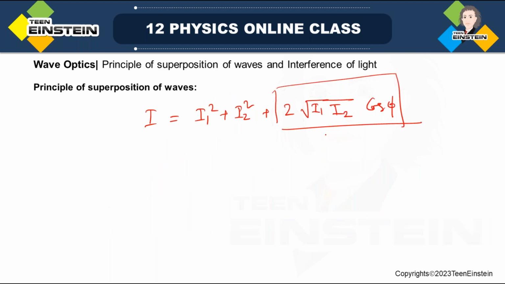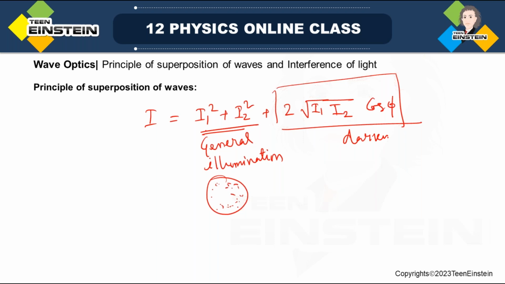The other terms produce general illumination, that means everywhere the intensity of light will be the same. But this term will produce interference, that means it will produce darkness and brightness alternatively at different places.